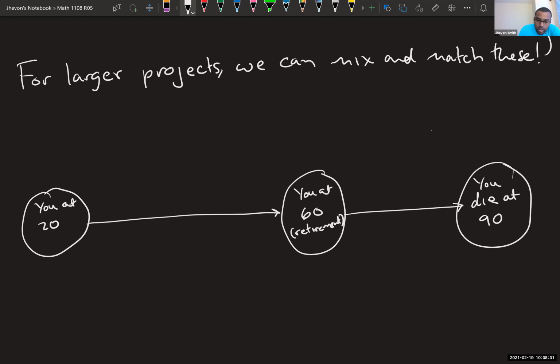So here is your working life, right? Here is where you're going to be investing for the future. You're working, you save some of your paycheck, you're investing it, you're growing it, because you want to have some amount of money at retirement to live off of when you're not working anymore. So this is retirement.